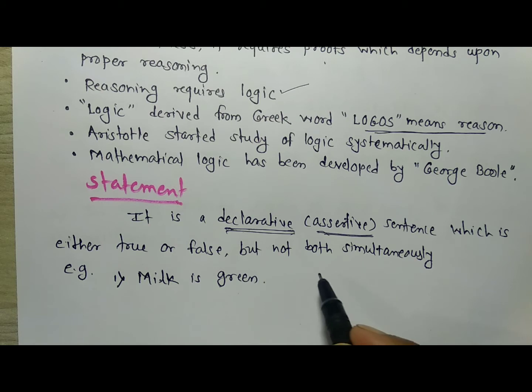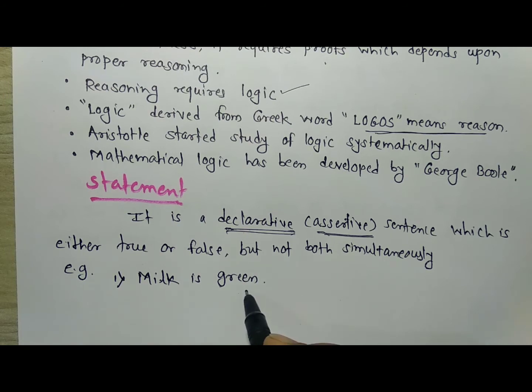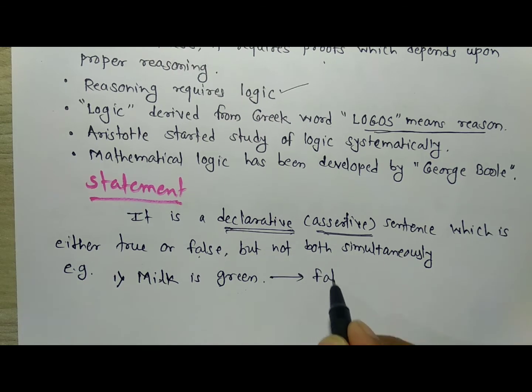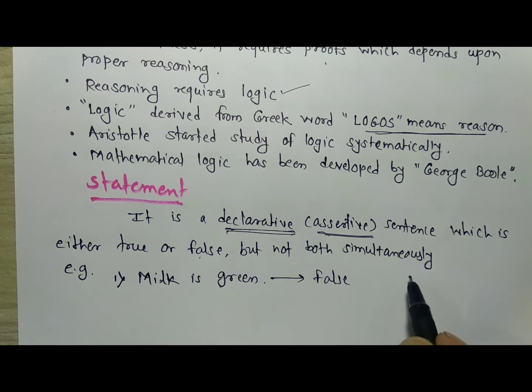This statement is false, because we know that milk is not green, milk is white. So "milk is green" is a sentence which has a truth value, it is false, but not both simultaneously. What does it mean? This statement does not become simultaneously true and false.